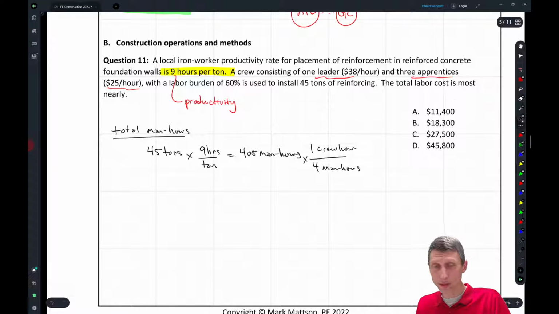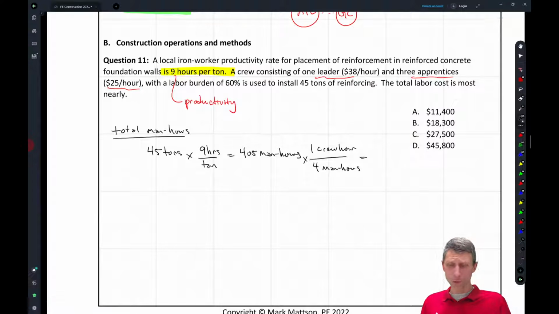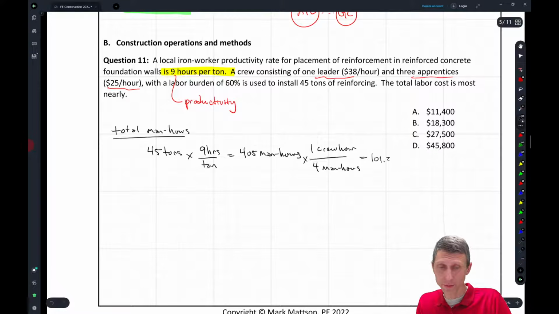This is equal to how many crew hours? Well, 405 divided by 4 is about 101.25 crew hours, right? Okay, crew hours.